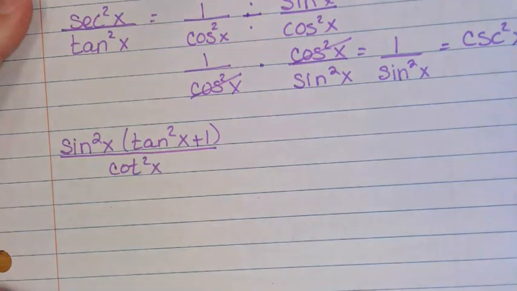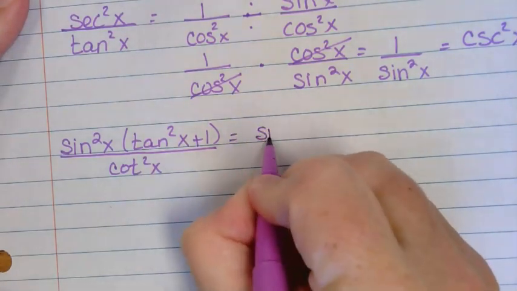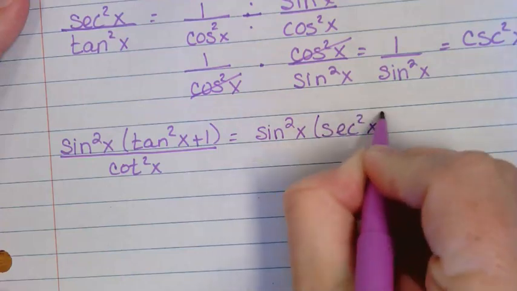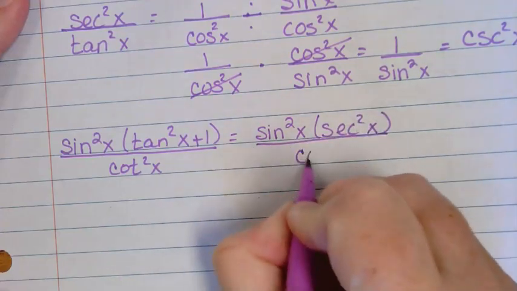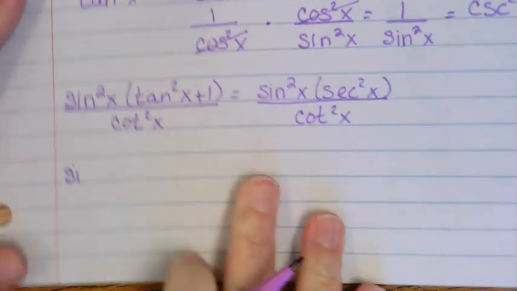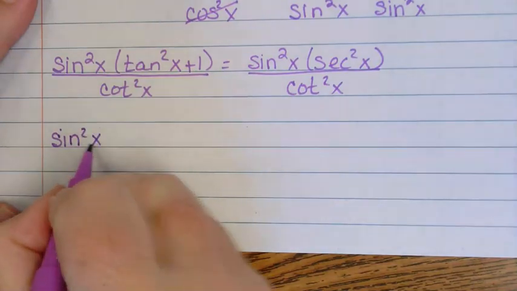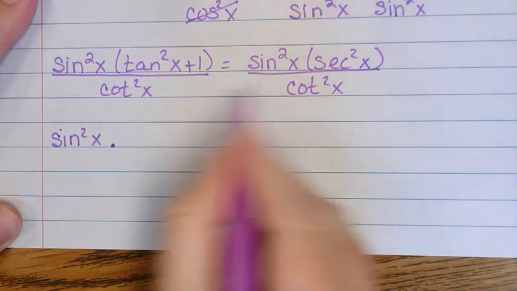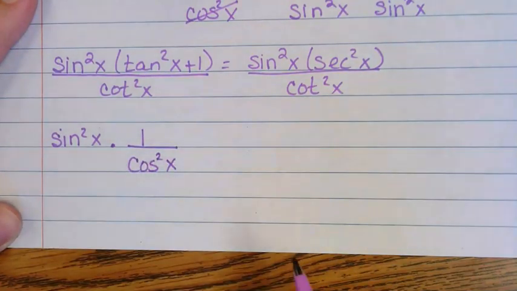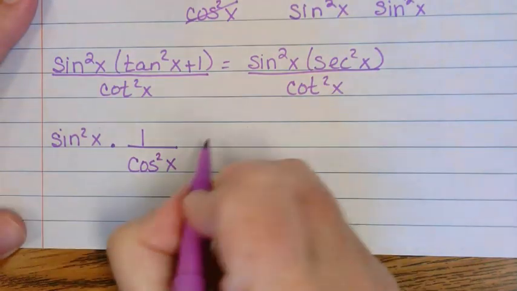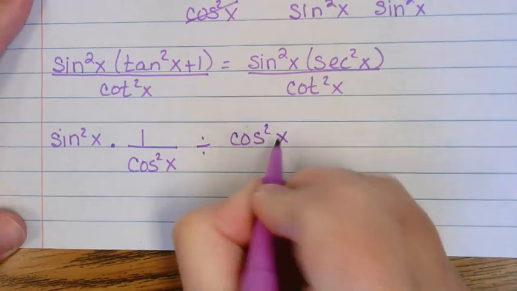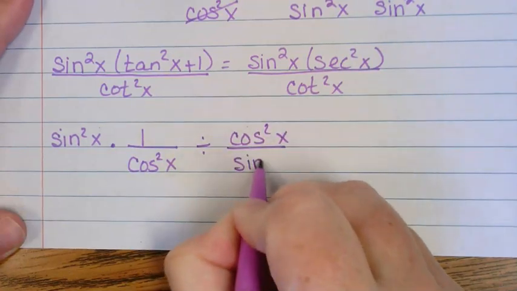So first things first, I'm going to replace the parentheses. Divided by cotangent squared x. So here we go. Sine squared x times secant, which is going to be 1 over cosine squared. Divided by cotangent squared, which is just cosine squared over sine squared.